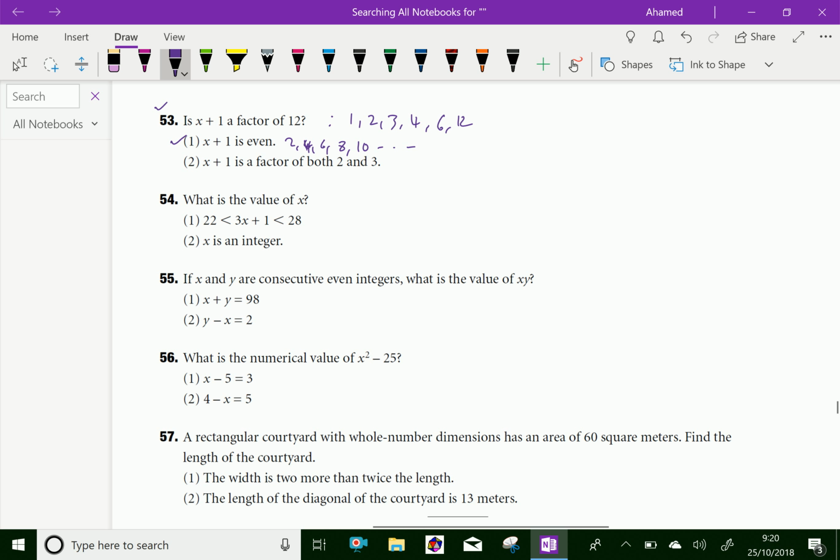Now statement 2, x plus 1 is a factor of both 2 and 3. Here, any number that is a factor of 2 and 3 together must be a factor of 12. Suppose, for example, take 6. 6 is a factor of 2 as well as a factor of 3, and also 6 is a factor of 12.